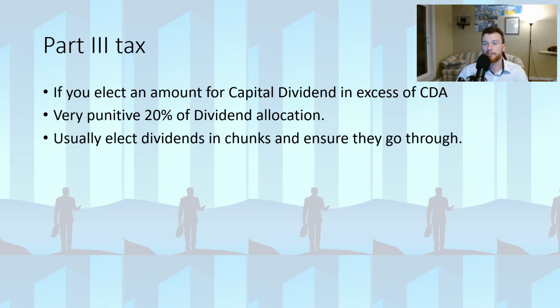However, with proper tax planning, the procedure is you request the CDA balance from the CRA, and then once you get this, you also follow up with electing dividends in chunks.